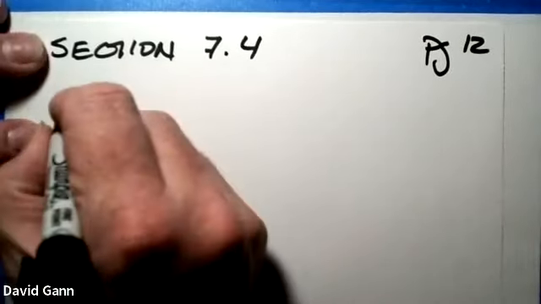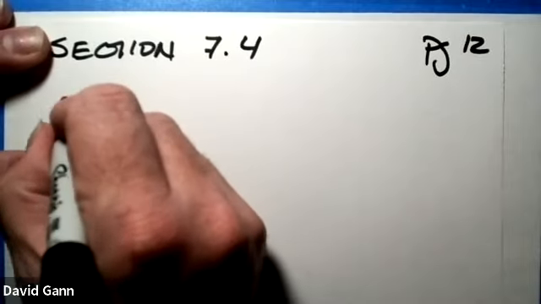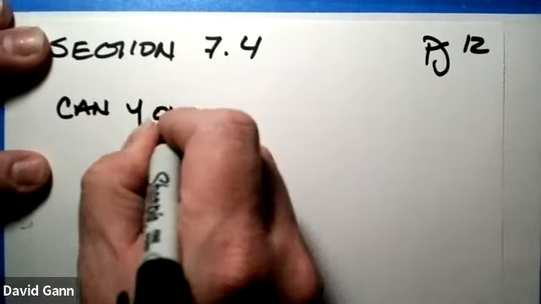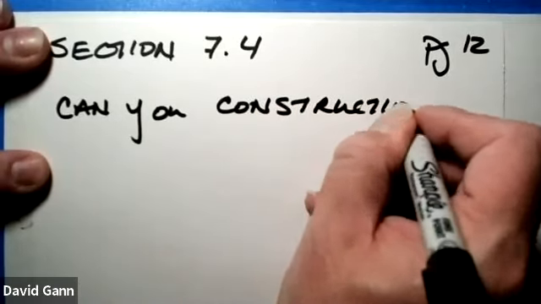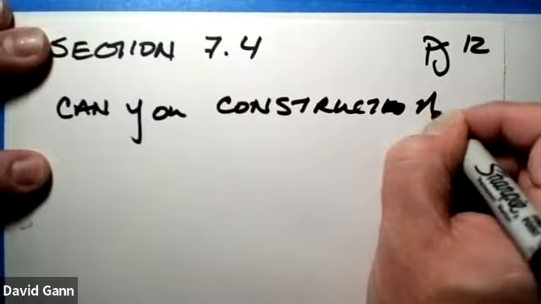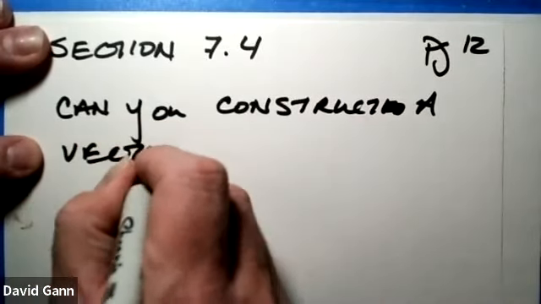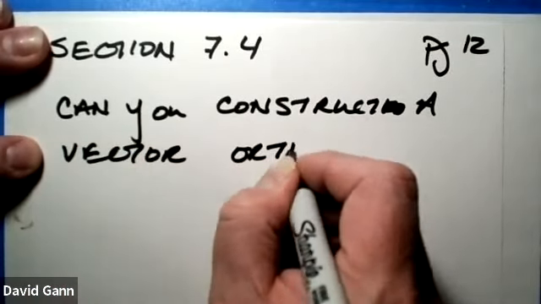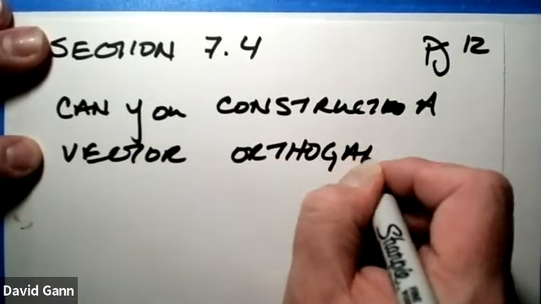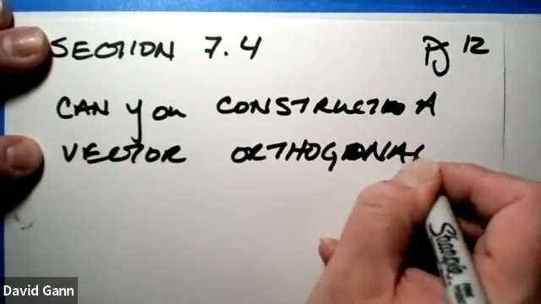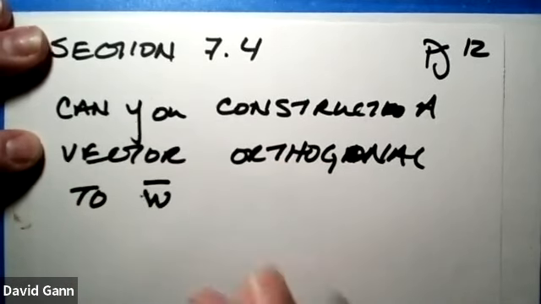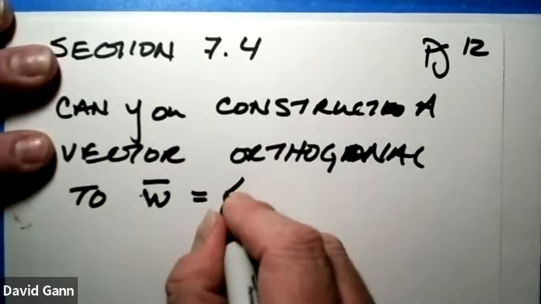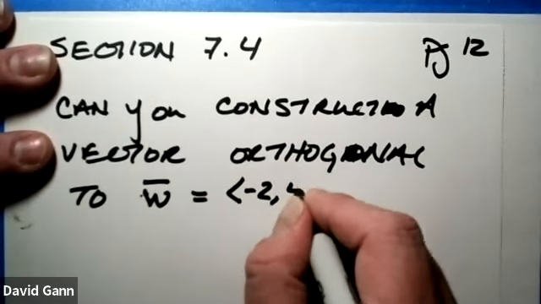You might say, okay, well, can you construct a vector orthogonal to V, or let's make it W, so we've got a different one, where W is equal to -2, 4.